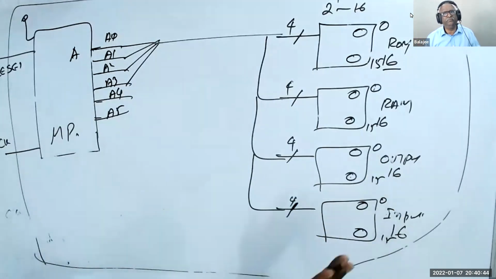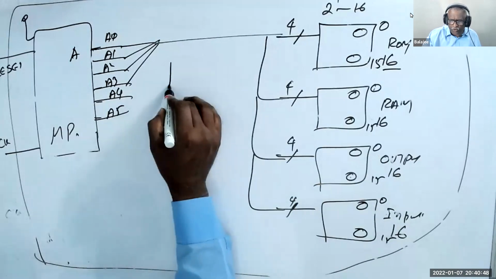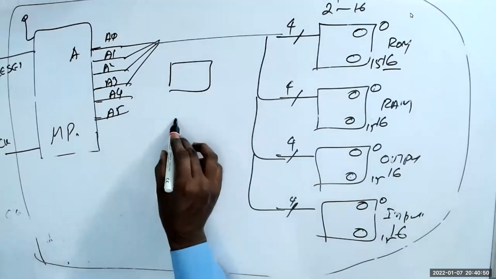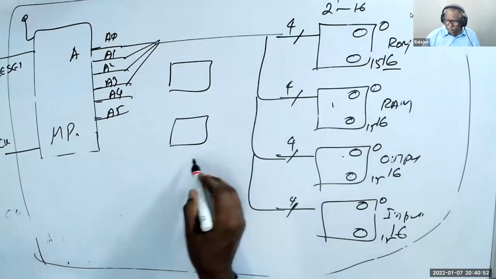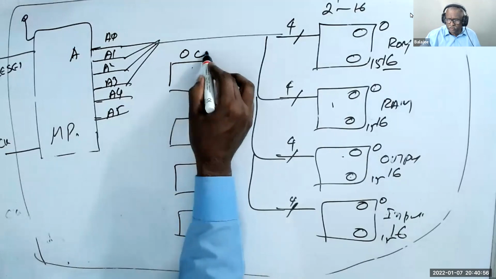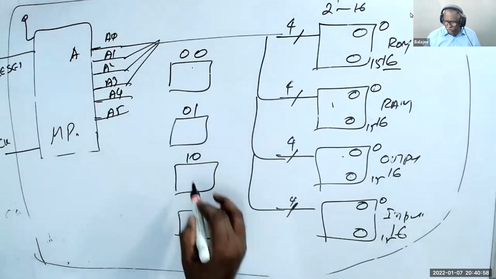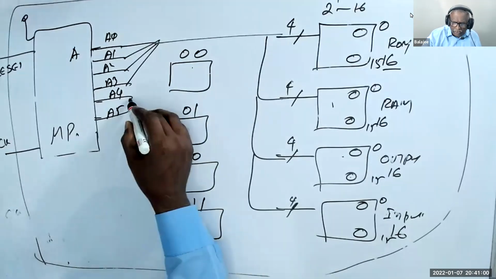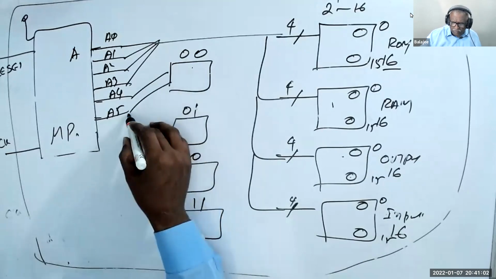All are connected. Now I have 4 boxes because I have 4 chips. These boxes are named 00, 01, 10, 11. Now A4 and A5 go to all of them.